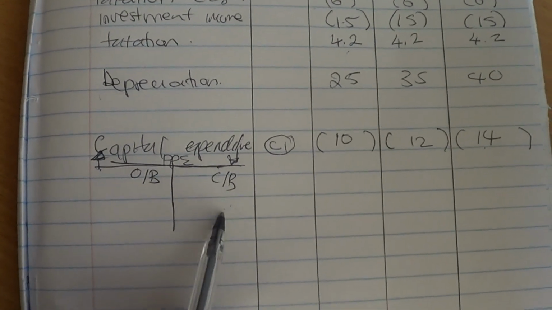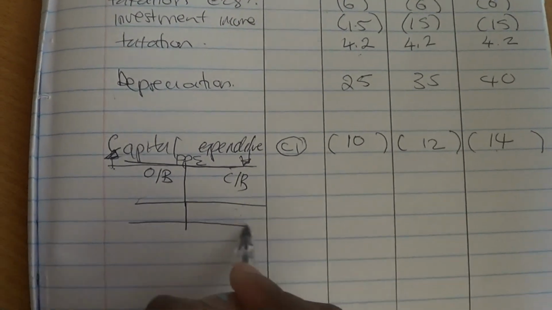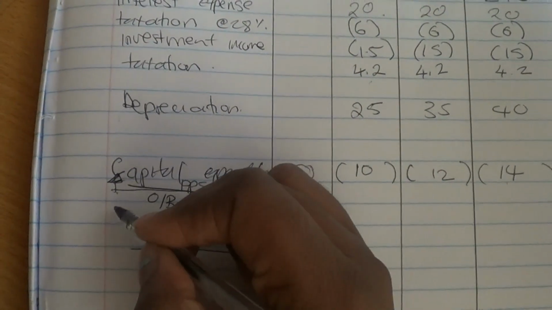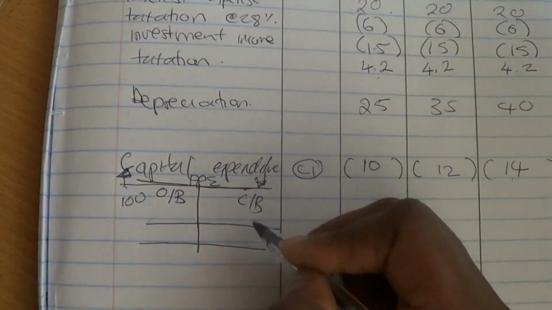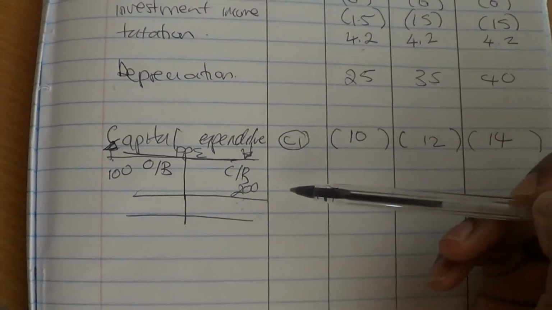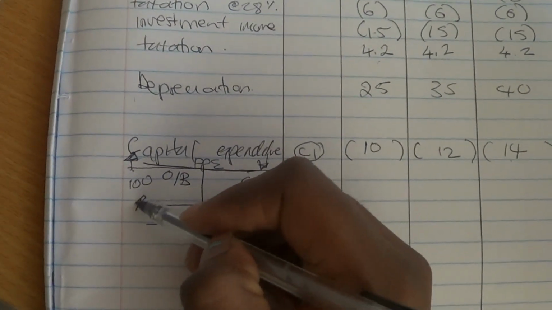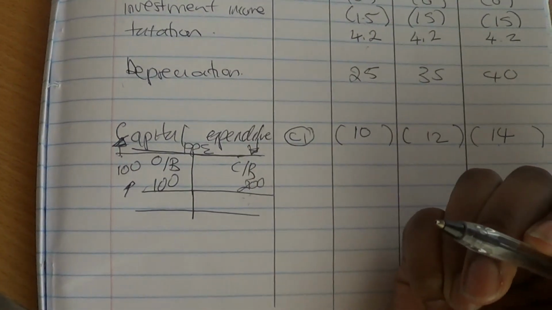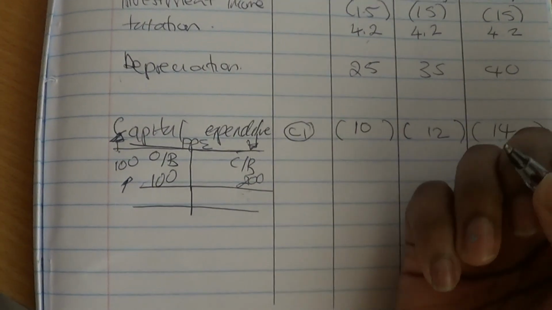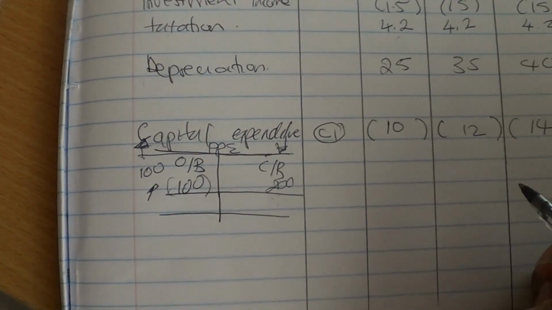And depreciation obviously comes on the credit side. So let's say, for example, you had a 100 opening balance and a 200 closing balance. You can see that your property, plant and equipment has increased, meaning that they spent more on property, plant and equipment, and that would obviously be a negative outflow.